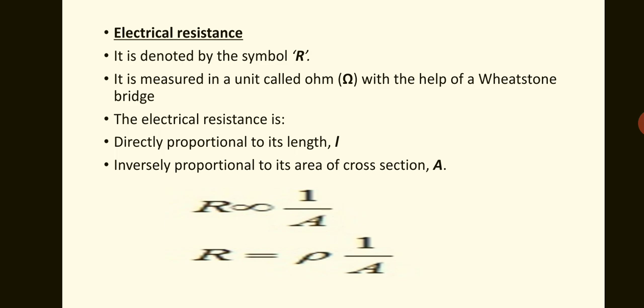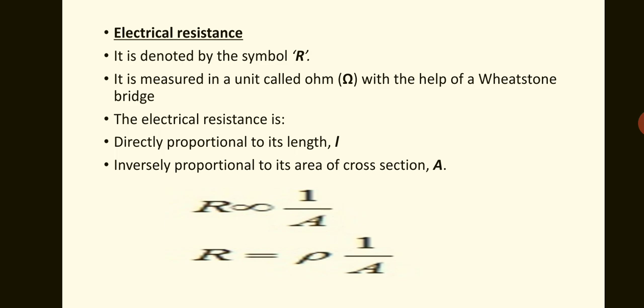The electrical resistance of a metallic wire or of an electrolytic cell is directly proportional to the length of the metallic wire, or the distance between two electrodes of an electrolytic cell, that is anode and cathode, and inversely proportional to the area of cross section capital A of electrodes or metallic wire.